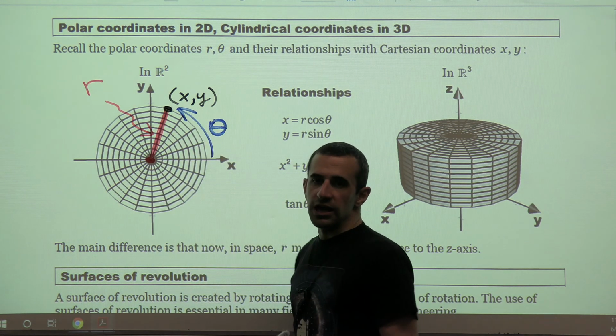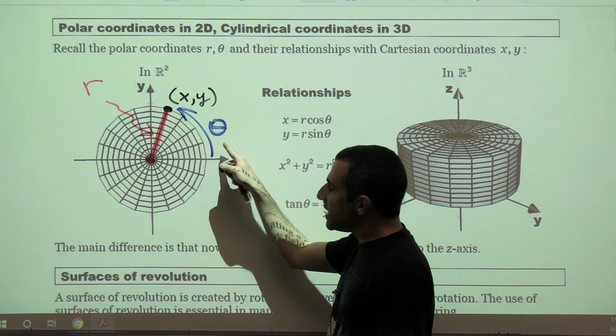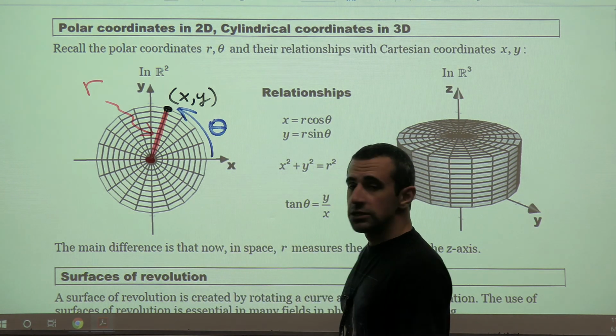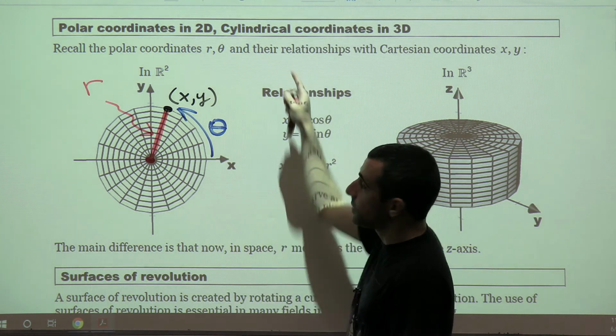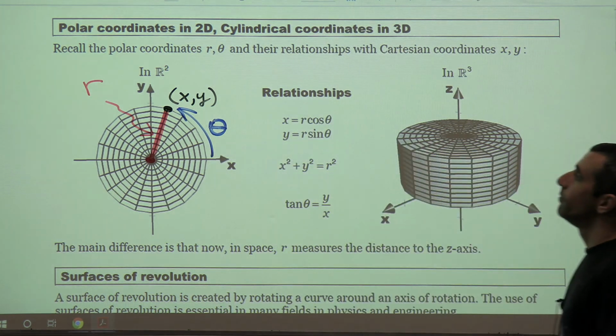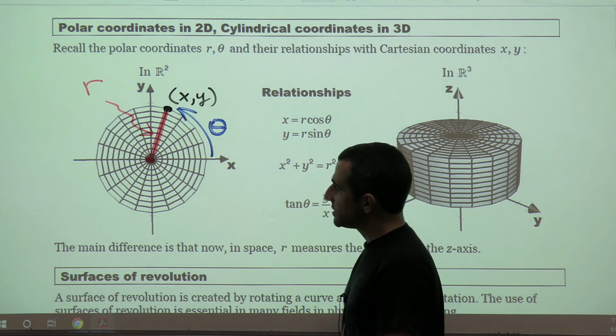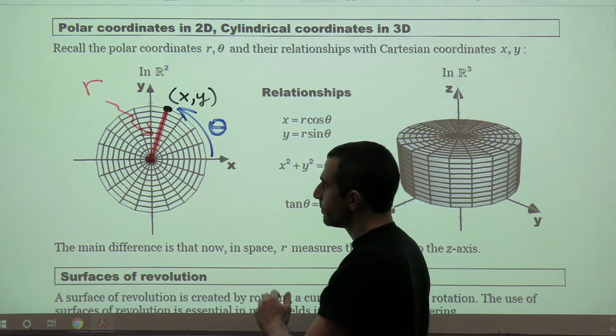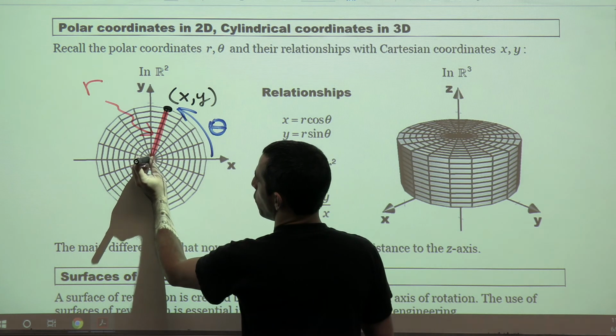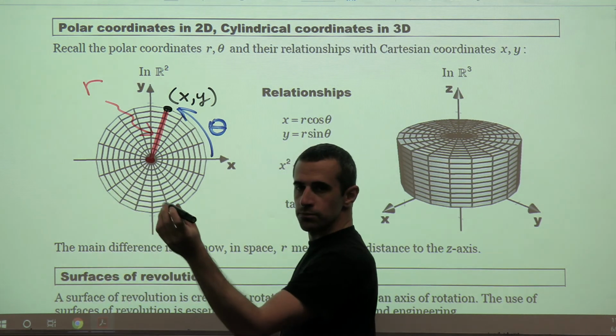So now let's try to think of what r, theta, and z look like in space. Those are the variables in the so-called cylindrical coordinate system. One 3D version of the polar grid in space is obtained by looking at the 2D polar grid and imagining that the z-axis points straight out of the board like this.